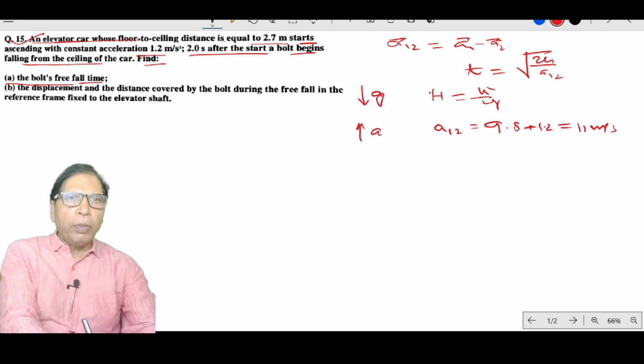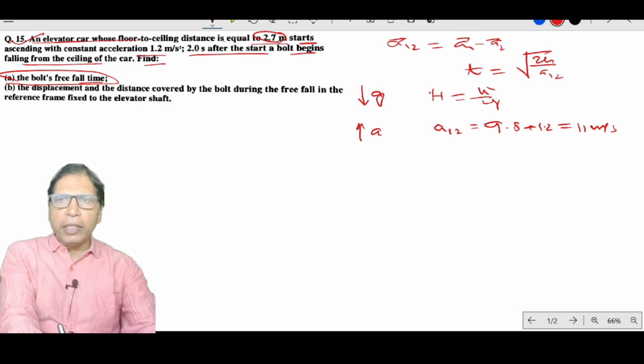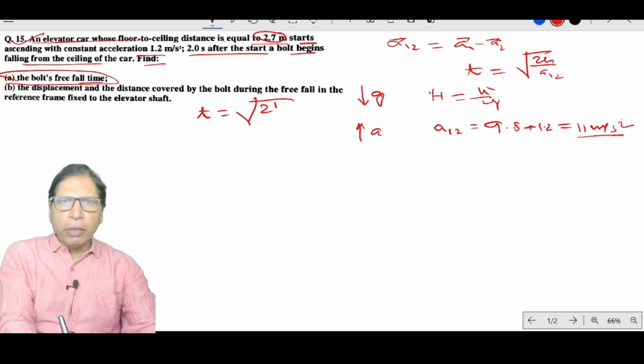Now the free fall time of the bolt. Here the displacement of the bolt is 2.7 meter. Relative acceleration is 11 meter per second square. So time to fall of the bolt is root over 2h by a, where a is 11 meter per second square.